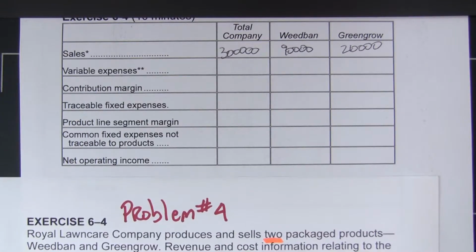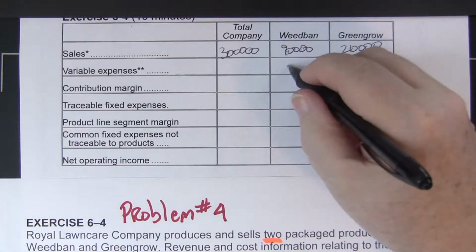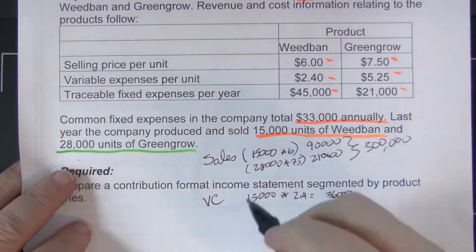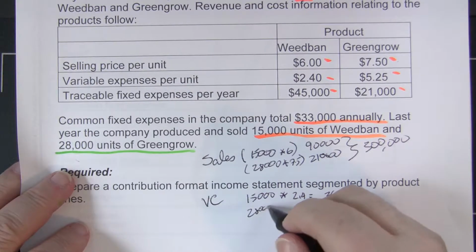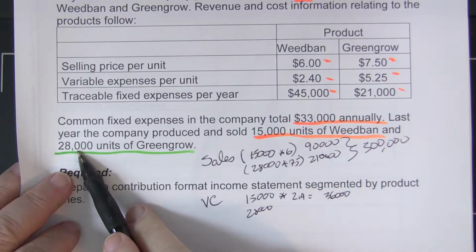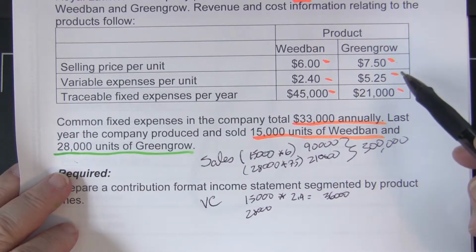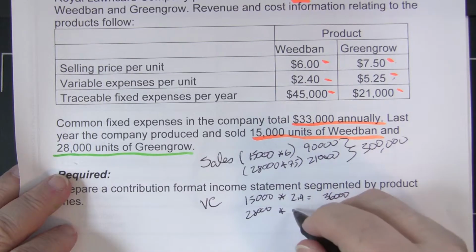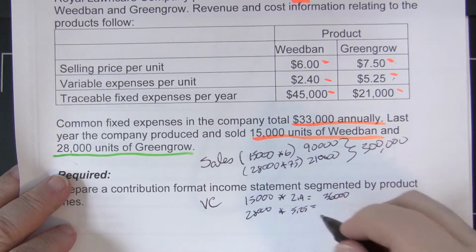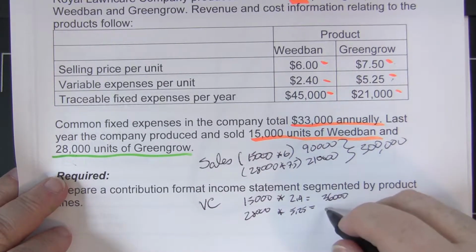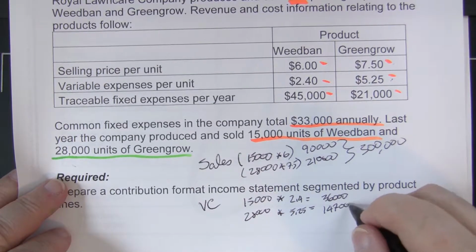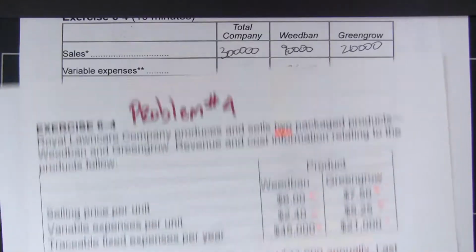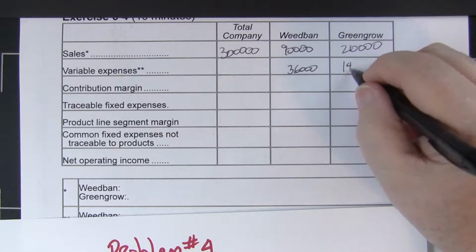So that's the variable cost for Weed Ban. And for Green Grow, we had 28,000 units, and the variable expense per unit is $5.25. So that works out to be 147,000. No, I'm not doing these numbers in my head. I worked them out before I started recording. So that's 147,000.